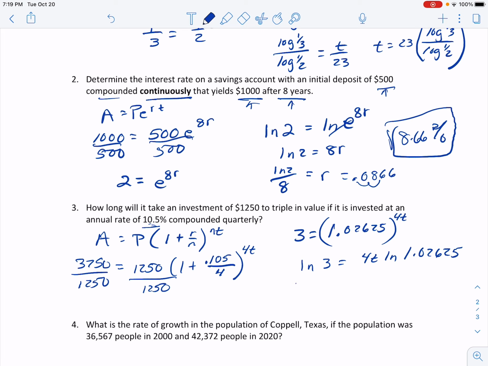And then you divide, so you have ln of 3 divided by ln of 1.02625 equals 4t. And then you divide by 4. So let's see what we get for an answer. Divided by 4. And I got 10.5 years.